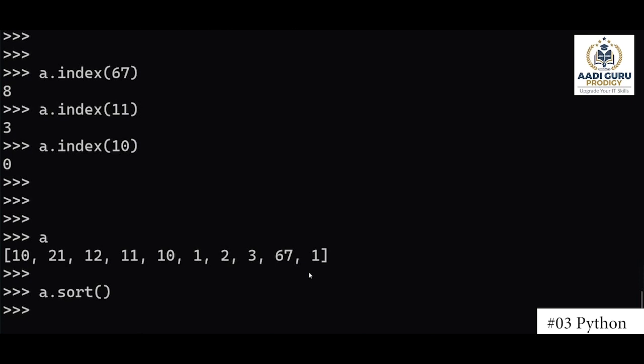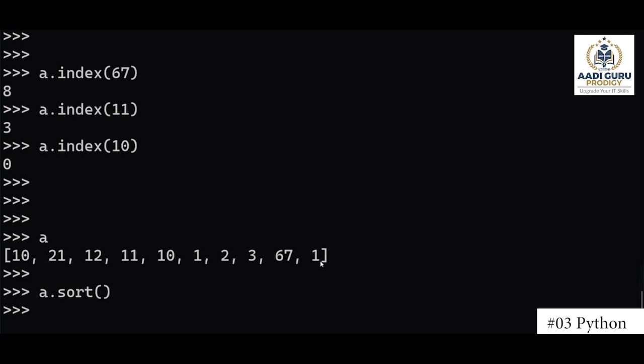Yeah, so we're discussing sort, right? Earlier we had a list in this particular way. Inside this list we have some numbers, all different, but they are not in any specific order.